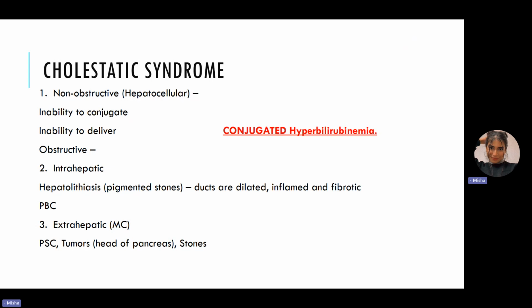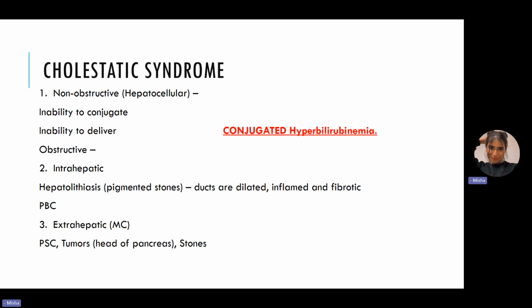So there's some kind of either production deficit or secretion deficit into the canaliculi. So if there's inability to conjugate, for example, it is called Crigler-Najjar syndrome, or inability to deliver would be Dubin-Johnson syndrome. It can be due to oral contraceptives, right?